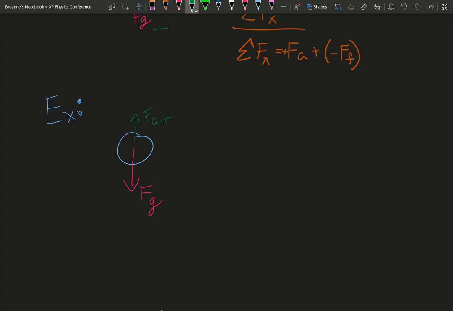Now, are these vectors the same size? Hopefully you said no. So we have a net force in the y equals a force of air plus a negative force of gravity.